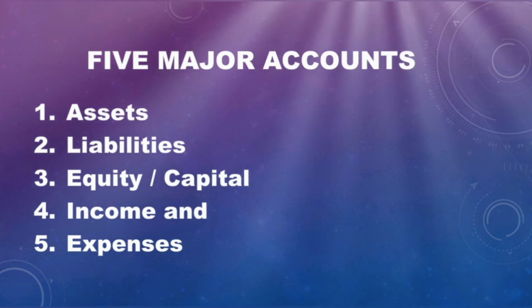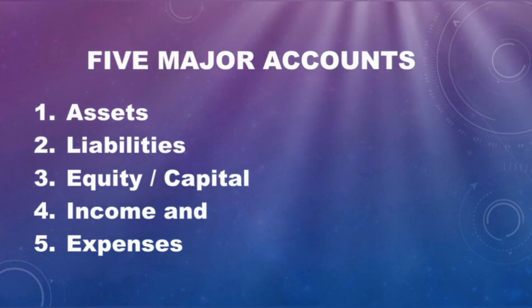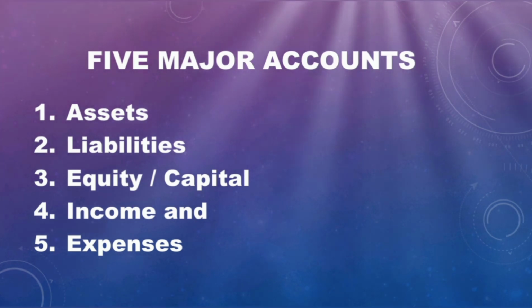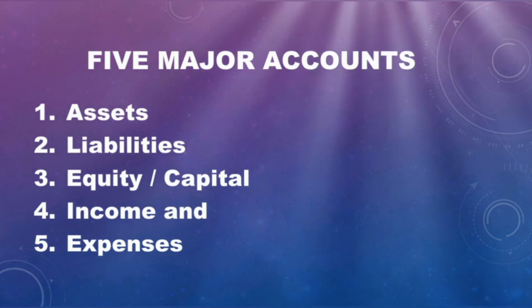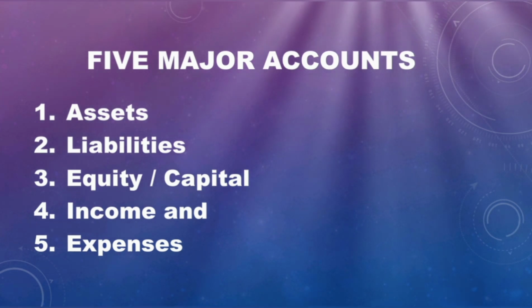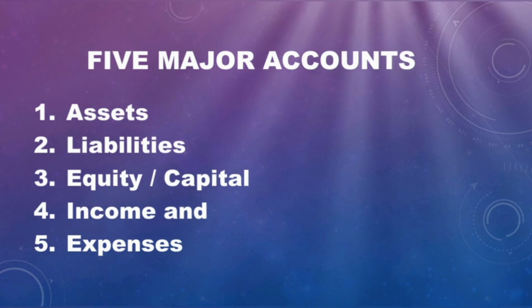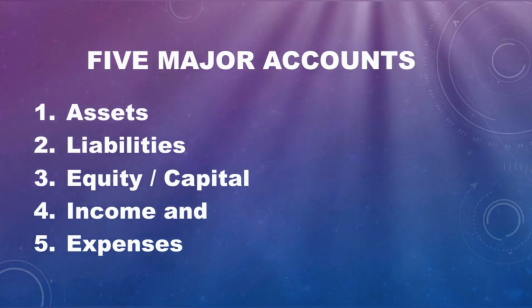Next, we have the income. It is the increase in economic benefits during the accounting period in the form of inflows of cash or other assets or decrease of liabilities that result in increase in equity. Income includes revenue and gain.